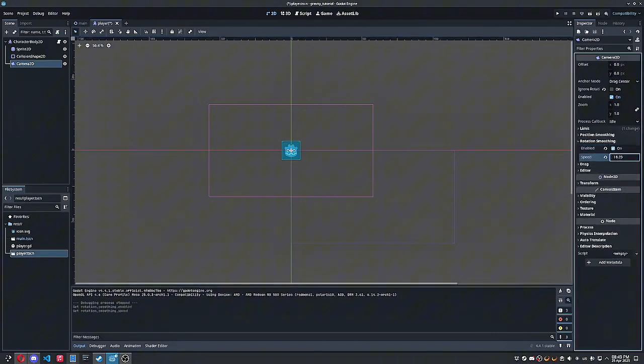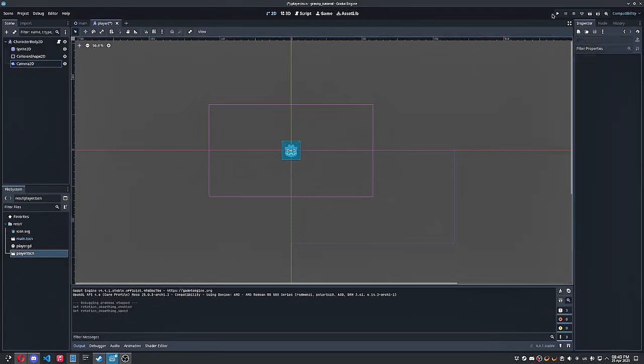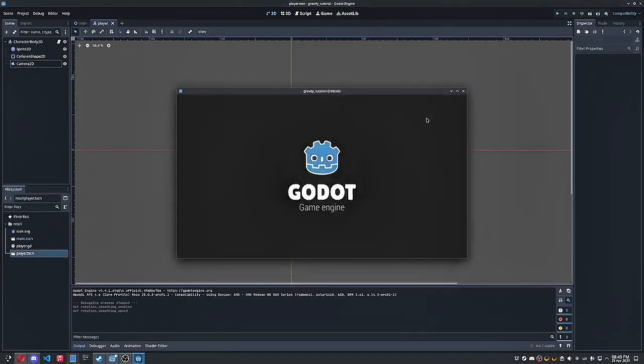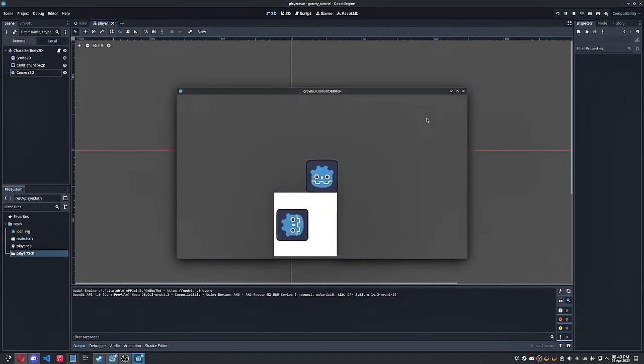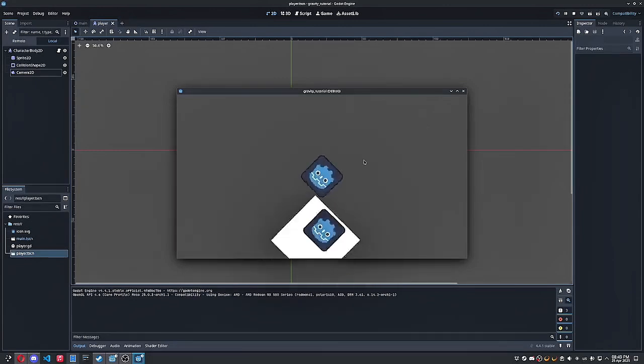And so, just for them, I'll turn it down to 3. And I feel like this looks pretty good.